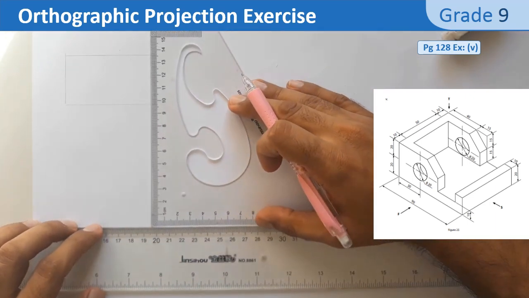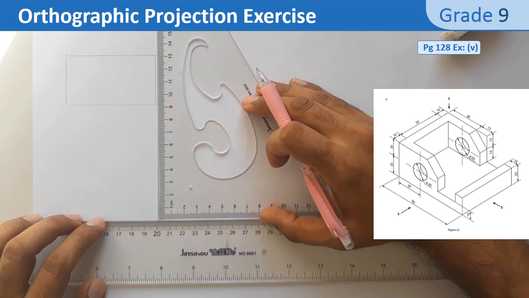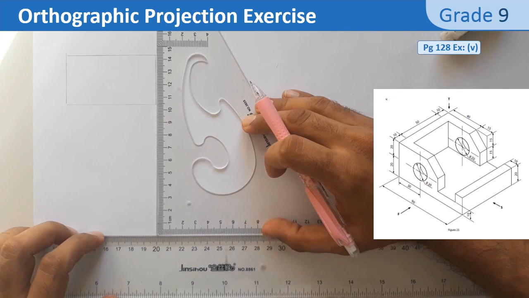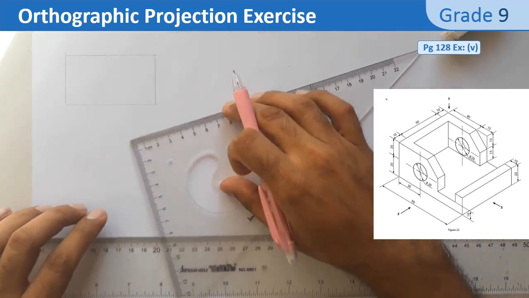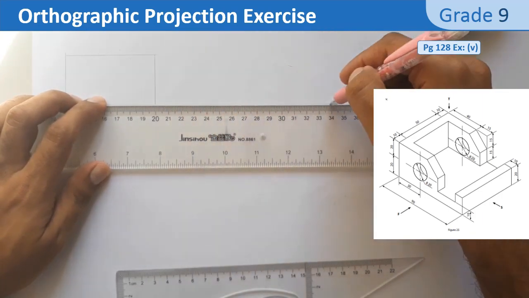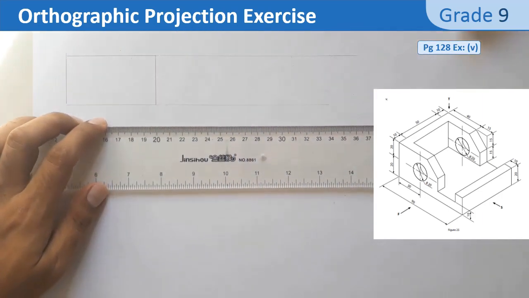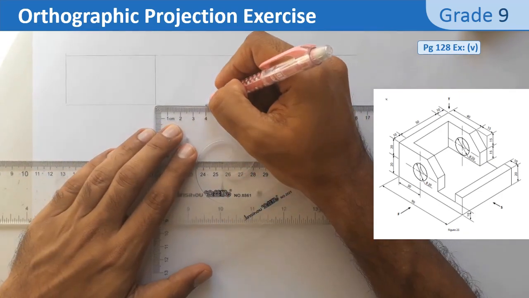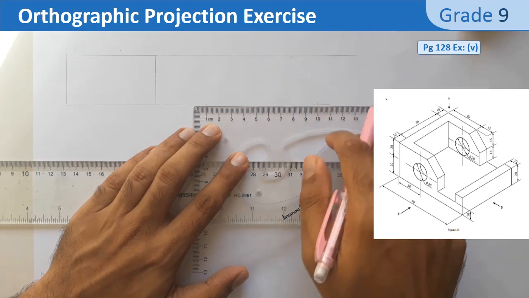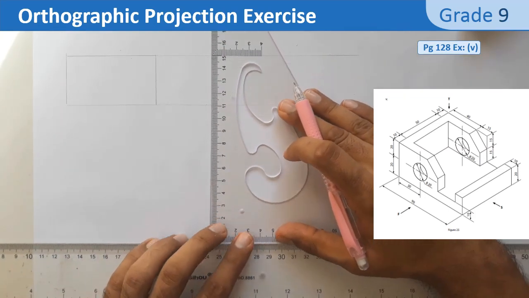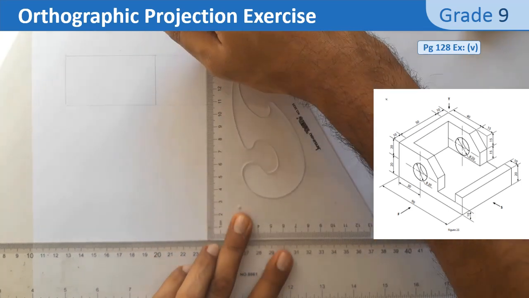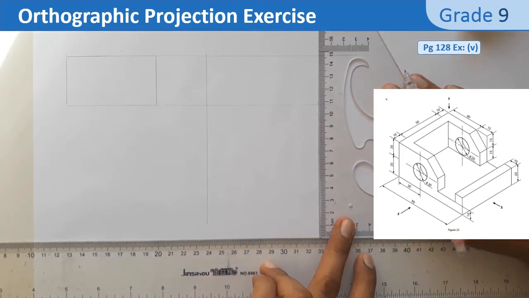This is the grid for the side view. I check again the height, 40 mm. The distance in between the views, we can take it as 40 mm, as mentioned in the MIE technology textbook. Now I'm drawing the grid for the front view.